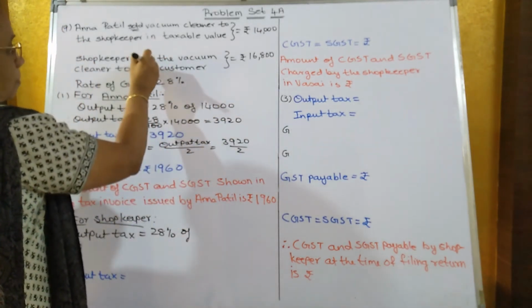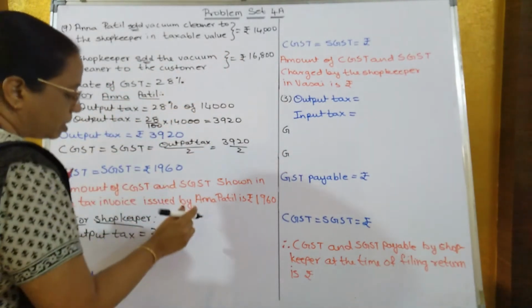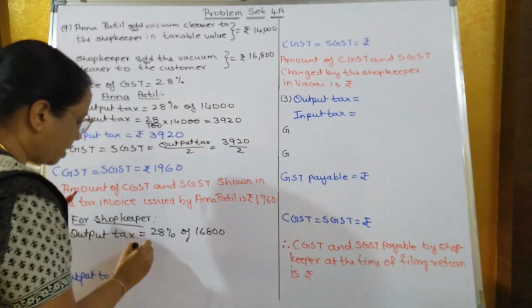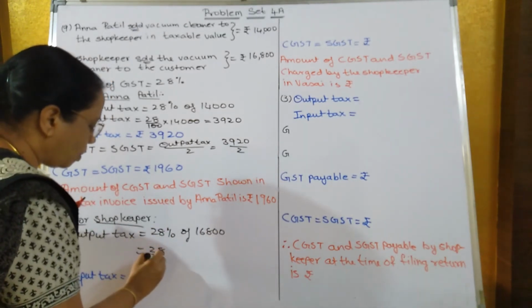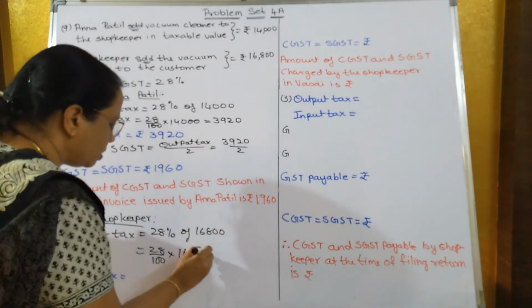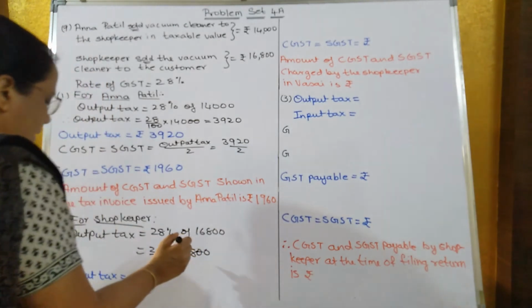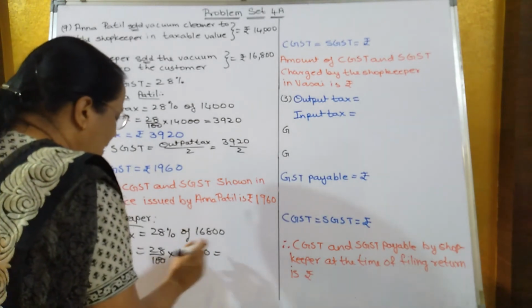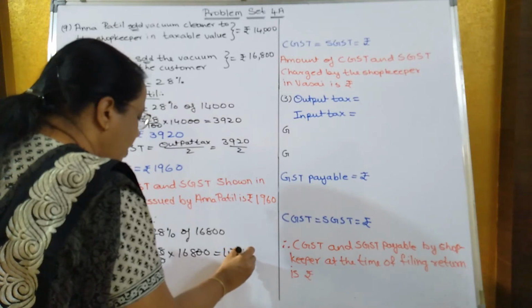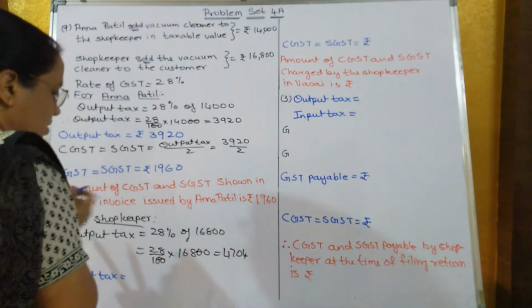So shopkeeper sold at what price? 16,800. So that is equal to 28 upon 100 into 16,800. 0 and 0 will get cancelled. So that is equal to how much? When you multiply this, you will get 4,704.